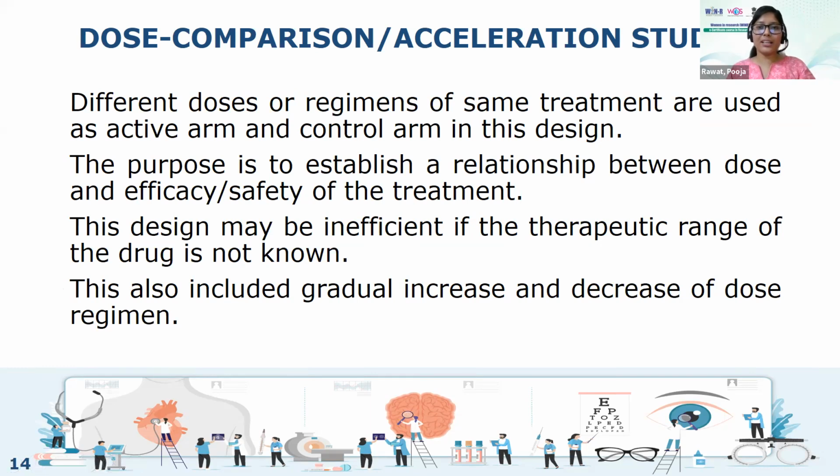But usually now we have various methods by which such development is done, so that we can analyze what the therapeutic range of that drug will be. So this also includes granular increase and decrease of dose regimen, as I said earlier, especially in the acceleration and deacceleration studies.